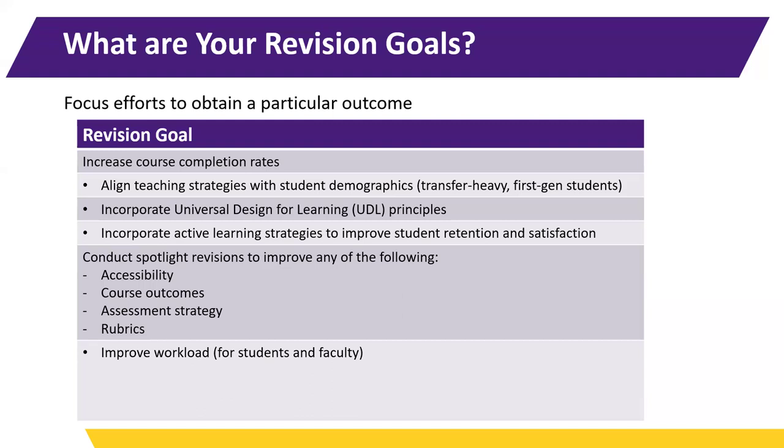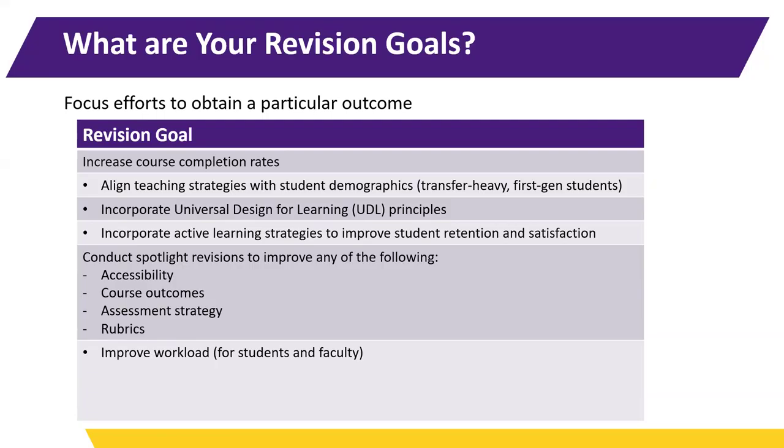Can we look at UDL to make sure that your delivery and your assignments can take care of that mixed population of students? And similarly, the active learning strategies for engaging students. If you have an older student who has a full-time job and attending classes, what can you do to keep that student motivated and retained in your course so that they can get a meaningful experience out of your courses?